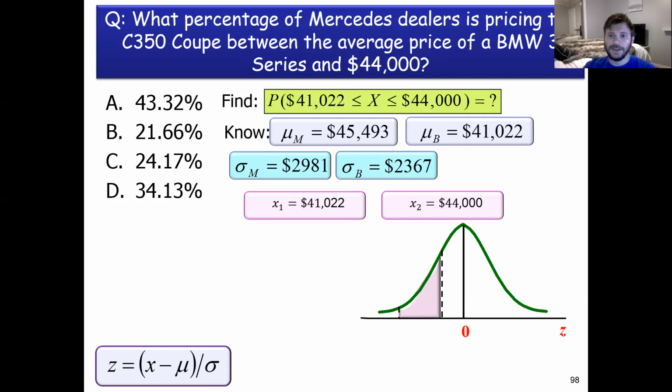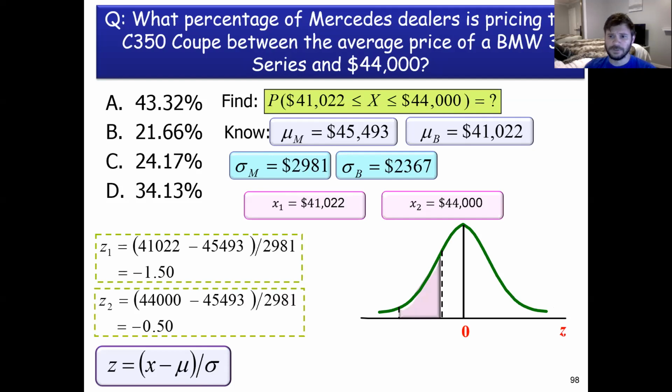So let's go ahead and convert our X values into Z values. And now we can reformulate the problem by really asking the question, what is the probability that Z is between -1.5 and -0.5? So at this point, you should go to your standard normal table. You should find the probabilities corresponding to a Z of 1.5 and 0.5.